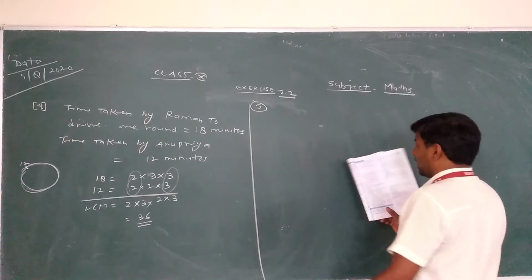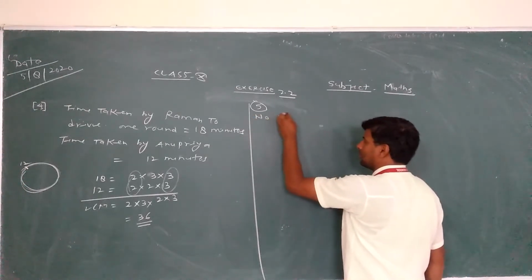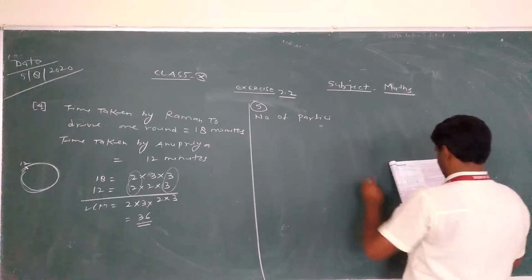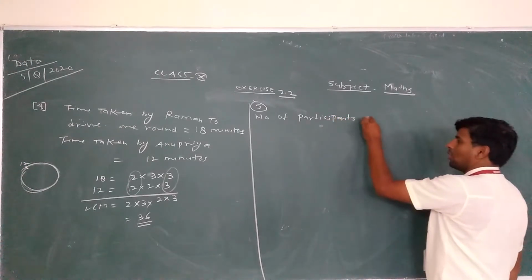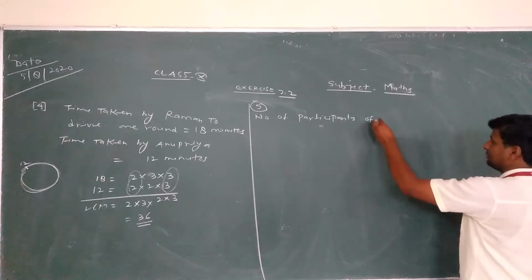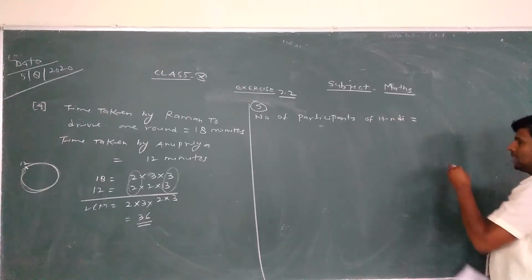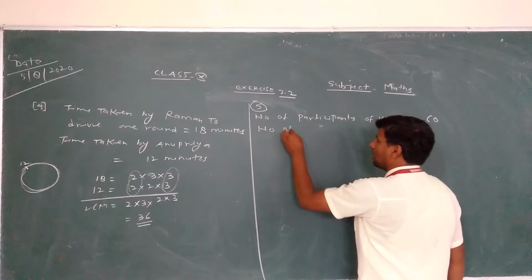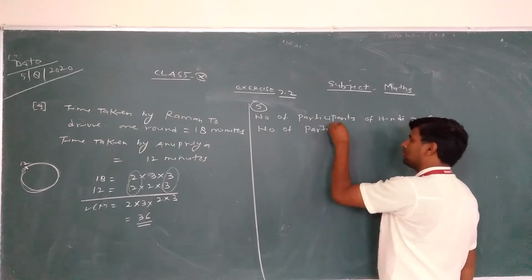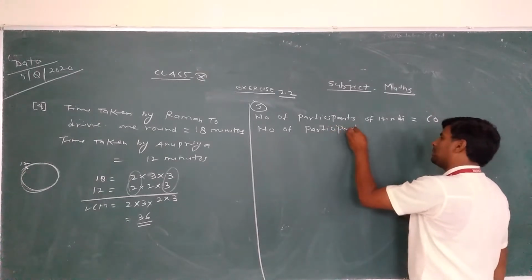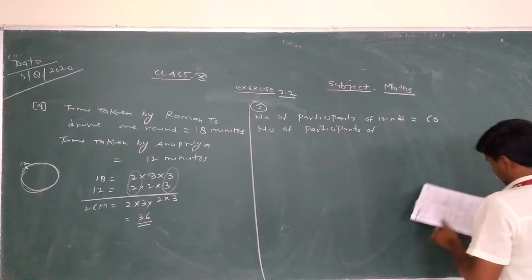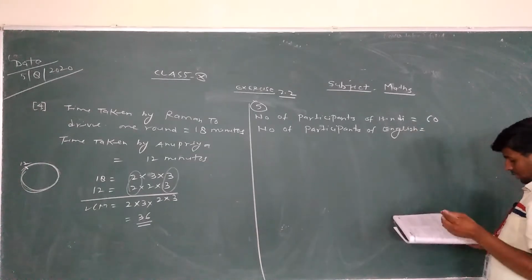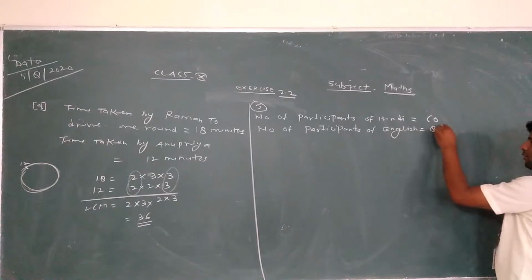Then see, the number of participants of the first subject, Hindi, is 60. The number of participants of the second subject, English, is 84.